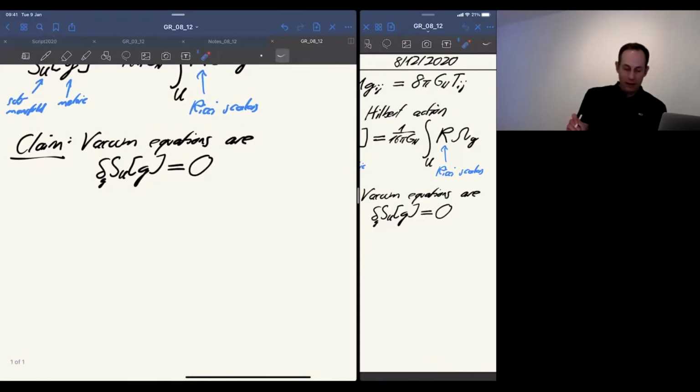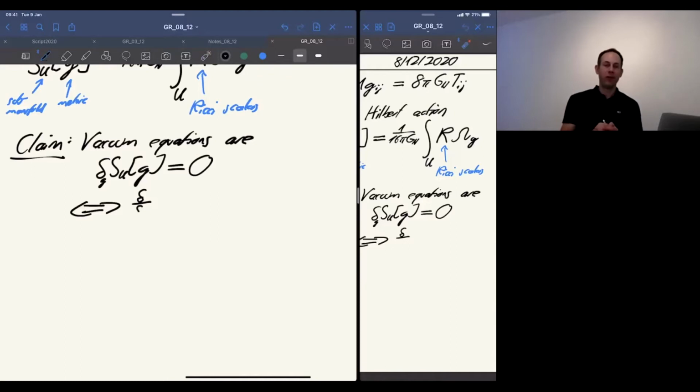Let me make a few remarks about what this variation really means. So when I say that this variation is zero, I think I could equivalently write something like this. And it will also require additional explanations, but let's define something like a derivative with respect to a function, or in this case, even a tensor field. G is, of course, a tensor field.